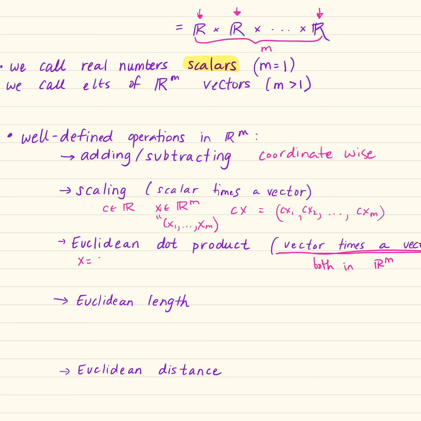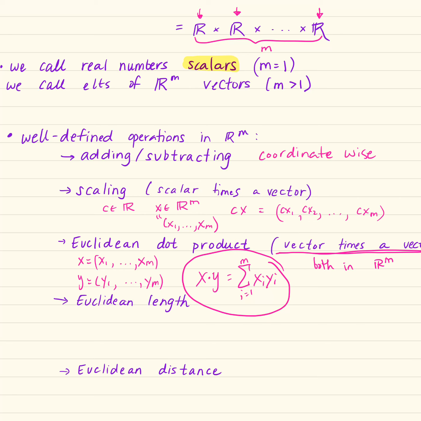So suppose x is equal to x1 all the way up to xm, and y is another vector, y1 all the way up to ym, then the dot product of them would just be the sum of what you get when you multiply the components. Okay, so this is the formula for the dot product. And again, you saw that back when m equals 3.